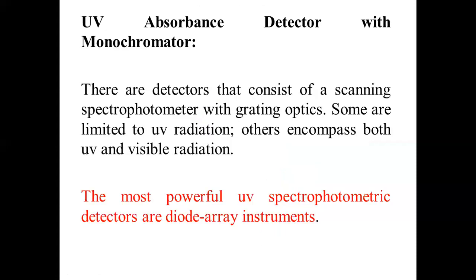Some UV absorption detectors are also provided with monochromators in such a way that the required wavelengths such as 254, 250, 315, 334 or 360 nanometers can be selected by means of filters or monochromators.